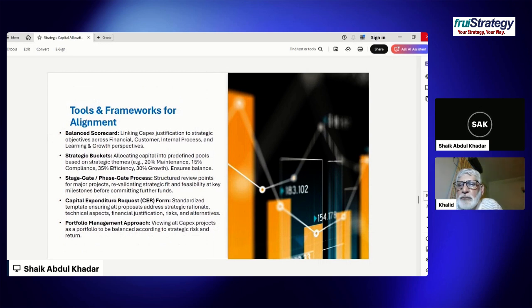The next is a portfolio management approach, and this is looking at all the capex projects as a portfolio to be balanced according to the strategic risk and return. So, for example, in Unilever, 50% of the business was foods, but it was not a priority, so you will not be spending 50% of your capital budget there.